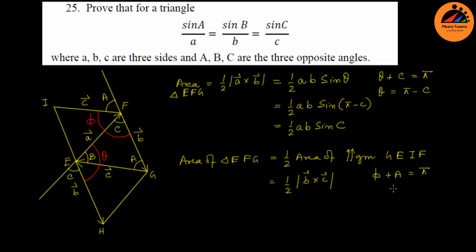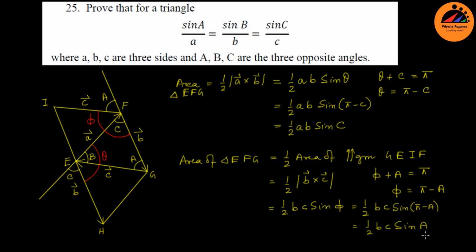Phi and A are in radians. So phi is equal to pi minus A. Now let's expand B cross C. So this is half BC sine phi is equal to half BC sine of pi minus A. So that is half BC sine A.